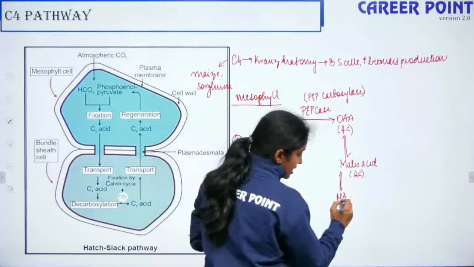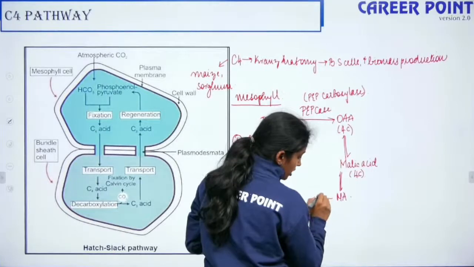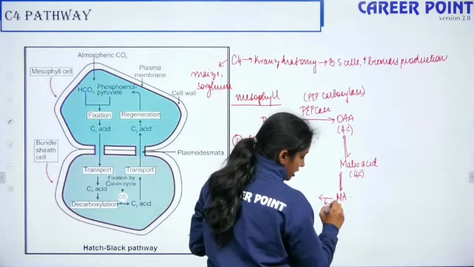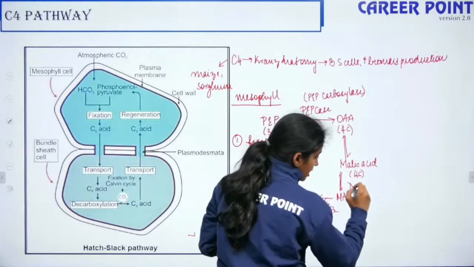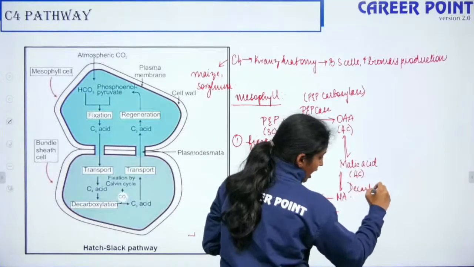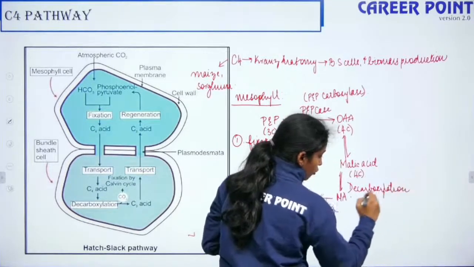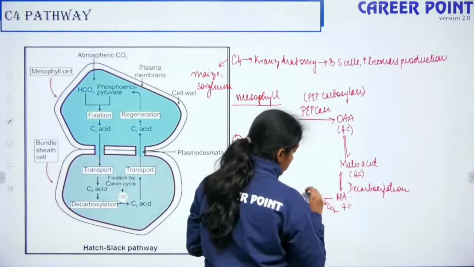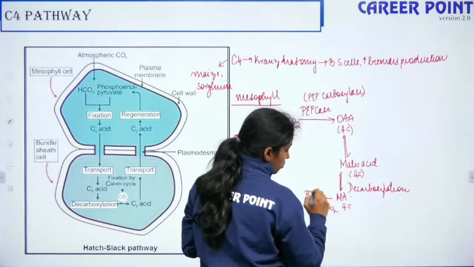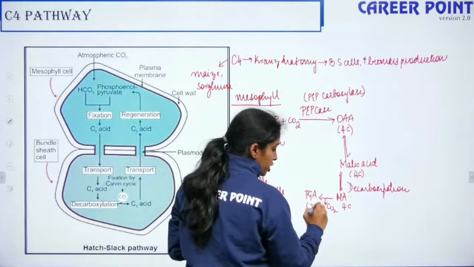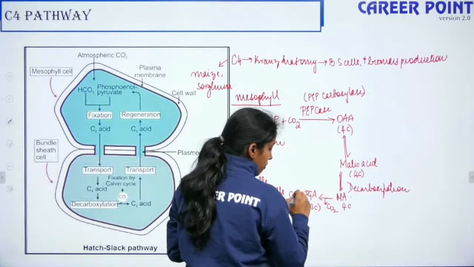When it comes into the bundle sheath cells, it gets decarboxylated. This step is decarboxylation because I have the removal of a carbon dioxide. Malic acid, a 4-carbon compound, is broken down into a 3-carbon compound, pyruvate, plus carbon dioxide.